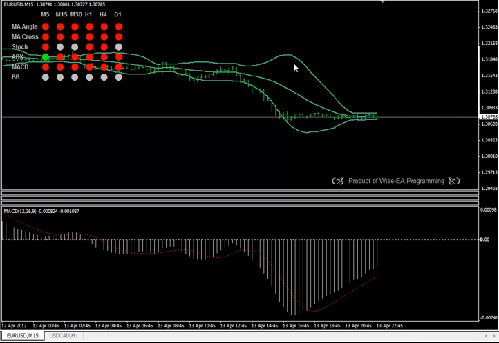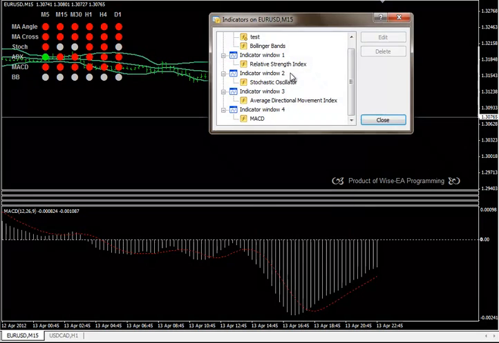if the closing price is above the 90%, then it's an uptrend. If the closing price is below 10%, it could be below the lower band, then it's a downtrend. If it's in between 10% to 90%, then we consider it's no trend. So for this, we could have uptrend, downtrend, or no trend.